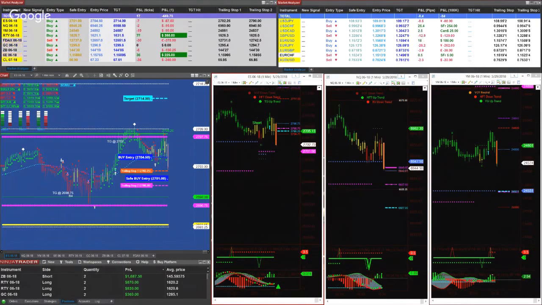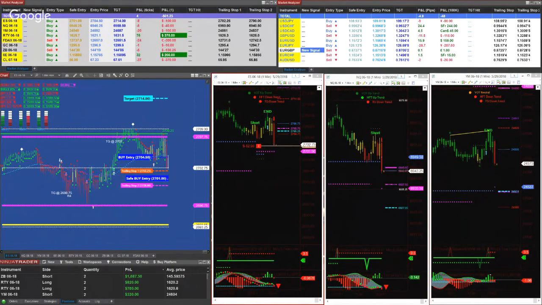A lot of selling coming in. The market is really choppy right now. Everything turned to red, the whole direction in this market. We're going to take a short on the ES at 2702.